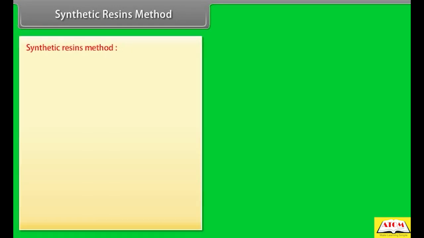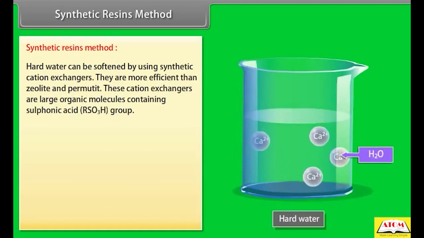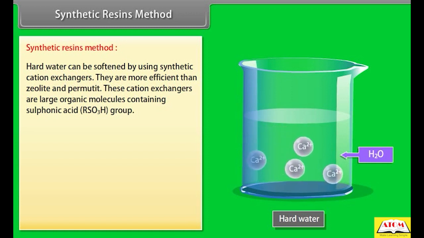Synthetic resins method. Hard water can be softened by using synthetic cation exchangers. They are more efficient than zeolite and permutit. These cation exchangers are large organic molecules containing sulfonic acid, RSO3H group.